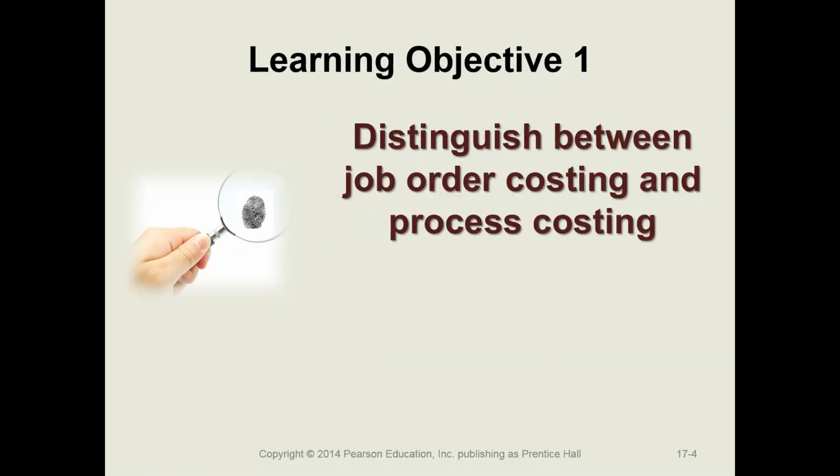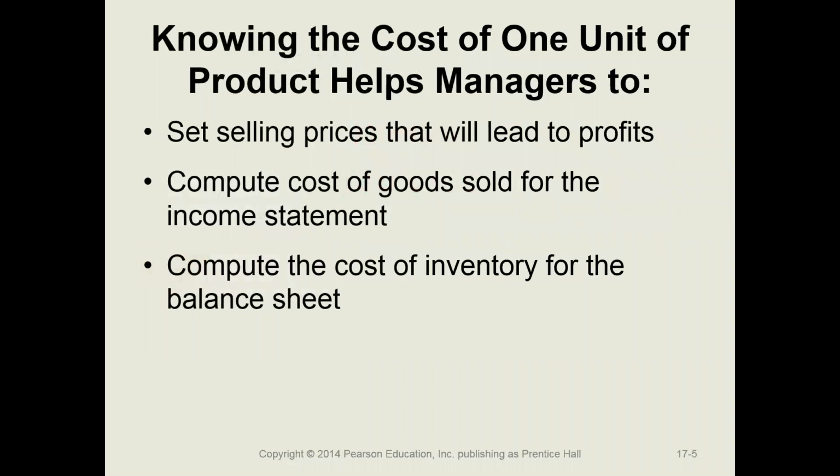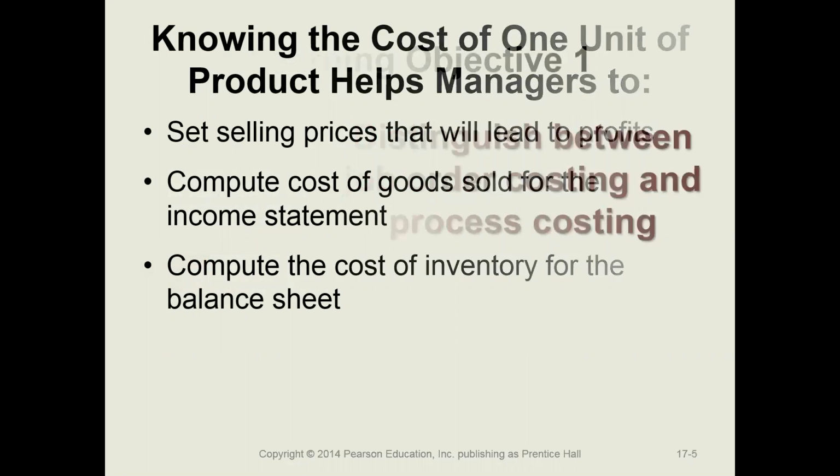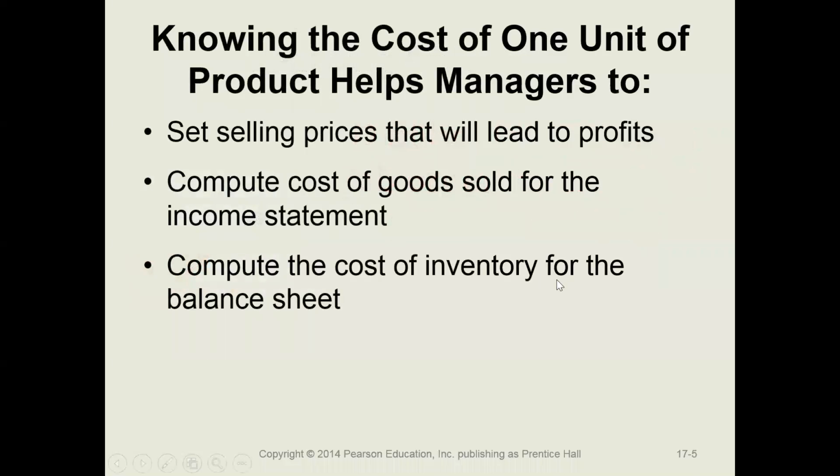So first, distinguishing between job order costing and process costing. What's the reason that we want to do costing and find out what the cost is for one unit of product? Well, we need to know how much something costs in order to determine what the selling price will be.